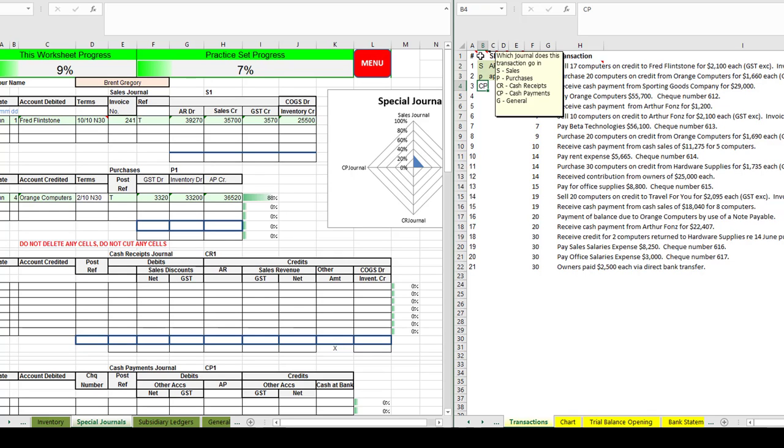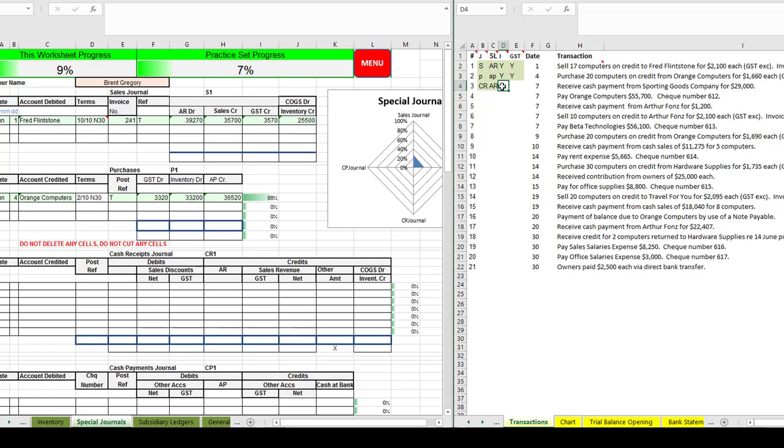There, so I better see what the codes say. Cash payment, sorry, this is a cash receipt. We received a cash payment. So we've received cash, the emphasis on received cash. So this is a cash receipt. It will impact on the accounts receivable, and you can put these in lowercase or uppercase. Accounts receivable.